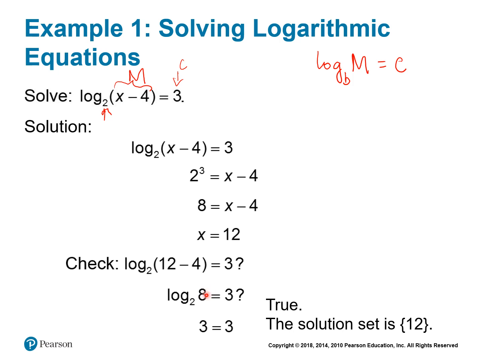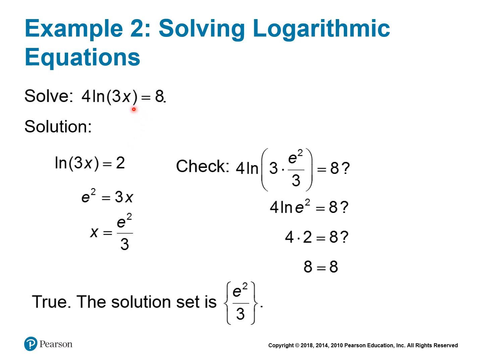We have to make sure that m does not turn into a negative value or a 0 when we substitute 12 into x. It doesn't. 8 is a positive value. So yes, we can use it as a solution for x. So yes, it's true. The solution set is 12.